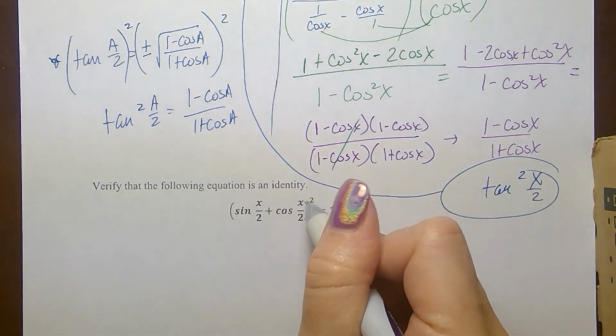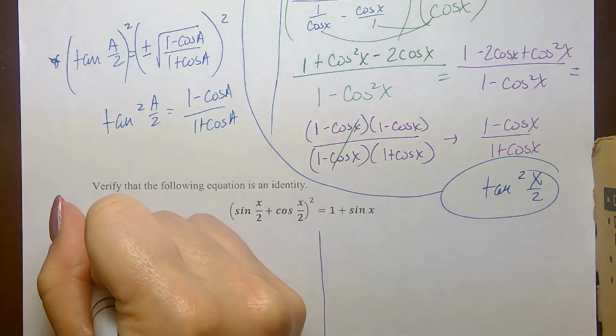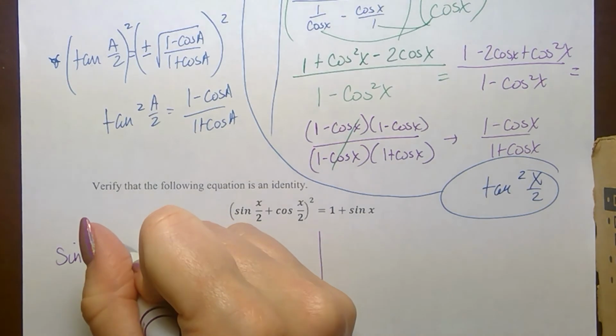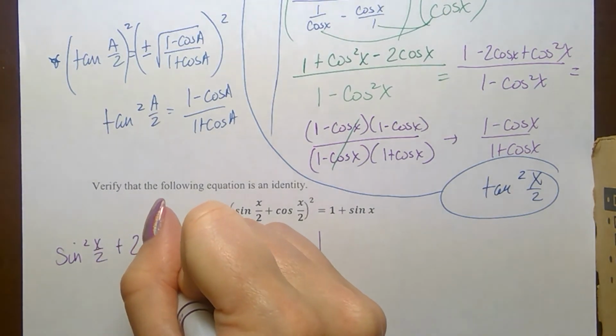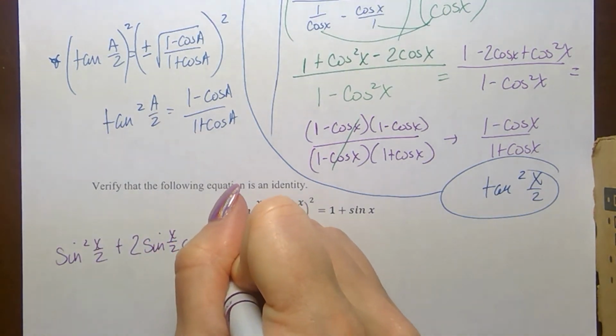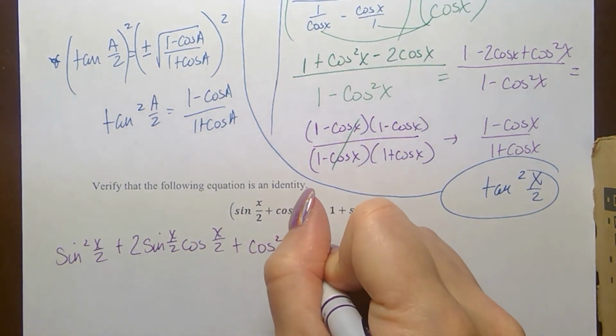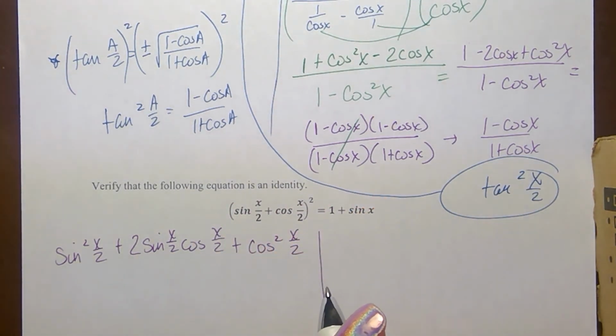So if I square the binomial, I square the first term. So sine square of the half angle. I multiply the 2 terms together times 2. So that gives me plus 2 sine x half cosine x half. And then I square the second term, which is a positive cosine square x half. Well, Pythagorean identity.